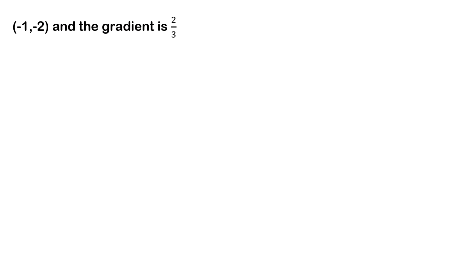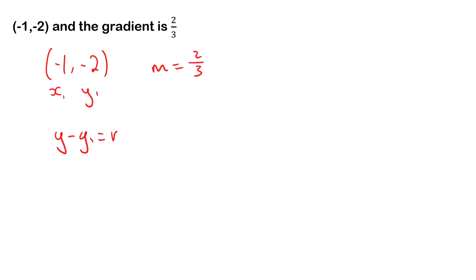So here's another one that we can do. I have (-1, -2), that's my x1, y1, and m equals 2 over 3. So y minus y1 equals m bracket x minus x1.